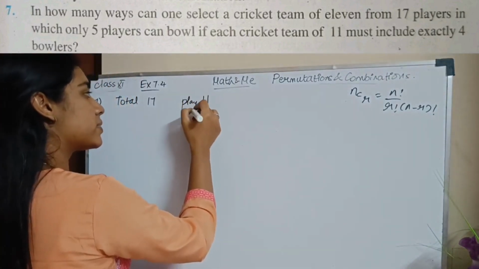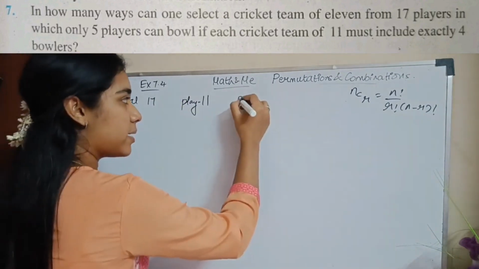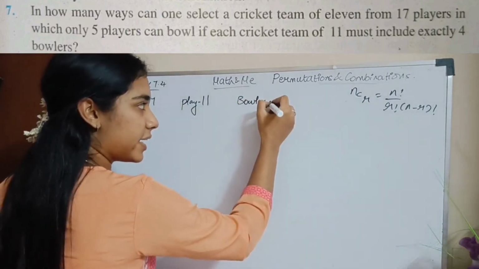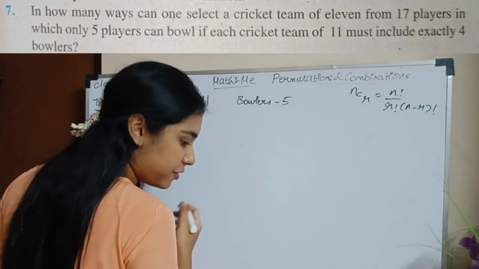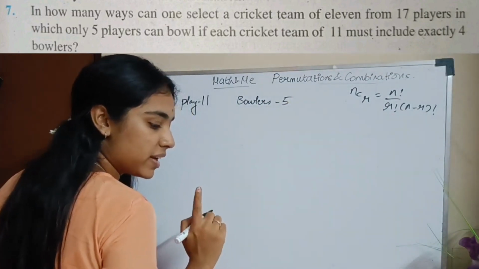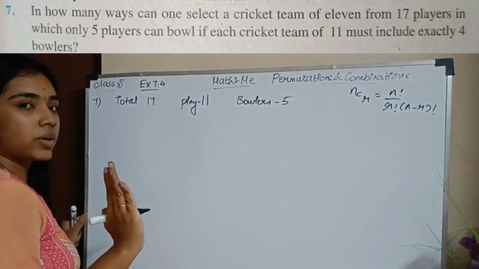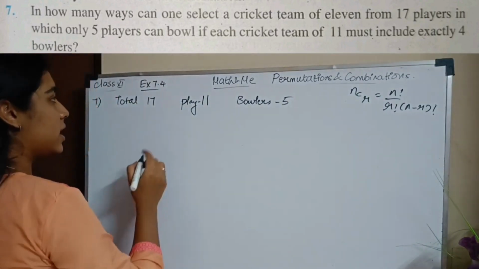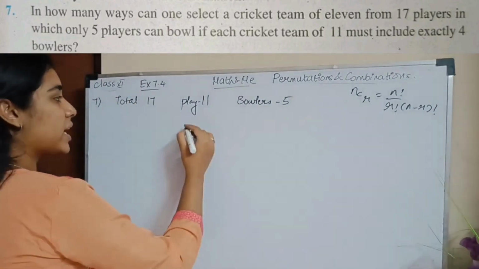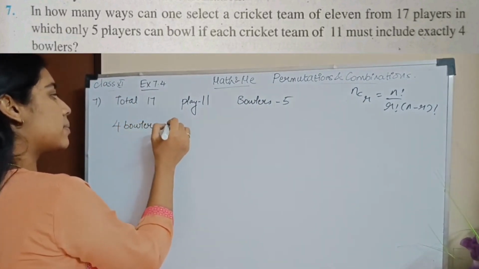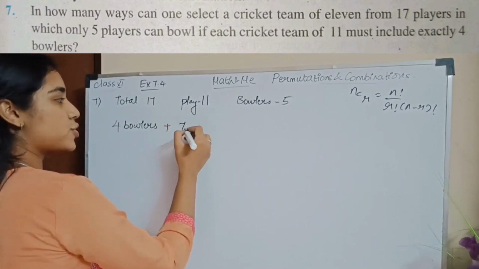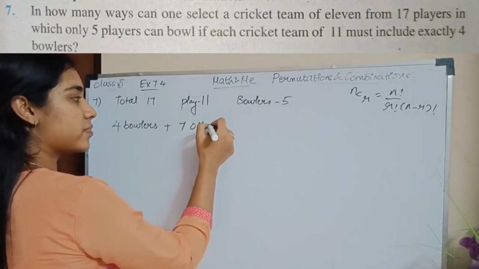If each cricket team of 11 must include 4 bowlers, then I need 11 in total and I want 4 bowlers, plus 11 minus 4, so 7 other players.